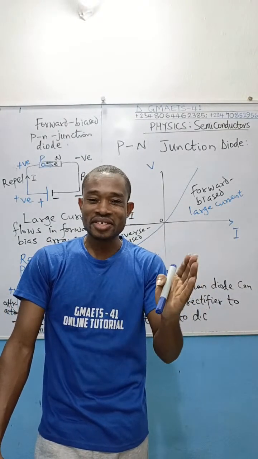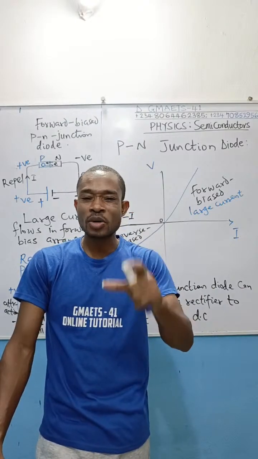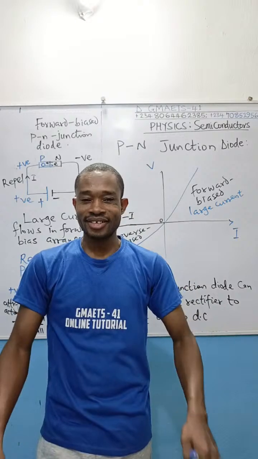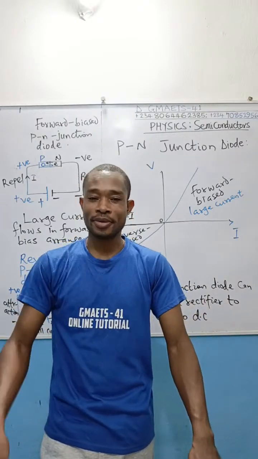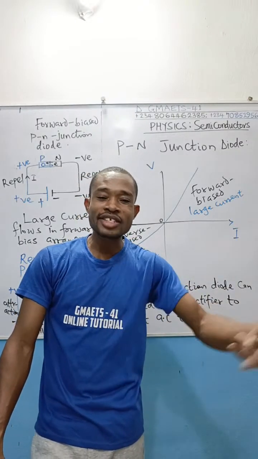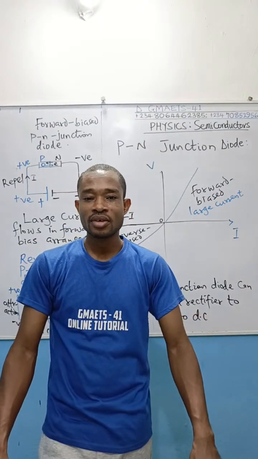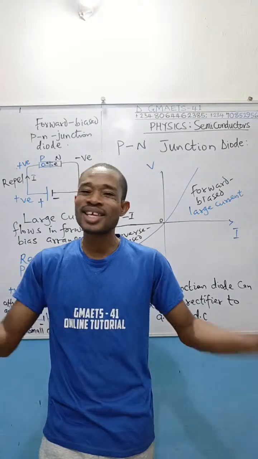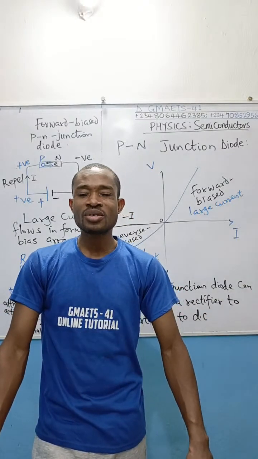The charges, the carriers responsible for conducting current, are already there. P-type provides the holes, the positive charges. N-type provides the free electrons, the negative charges. These are ready to move. It doesn't need to be heated.